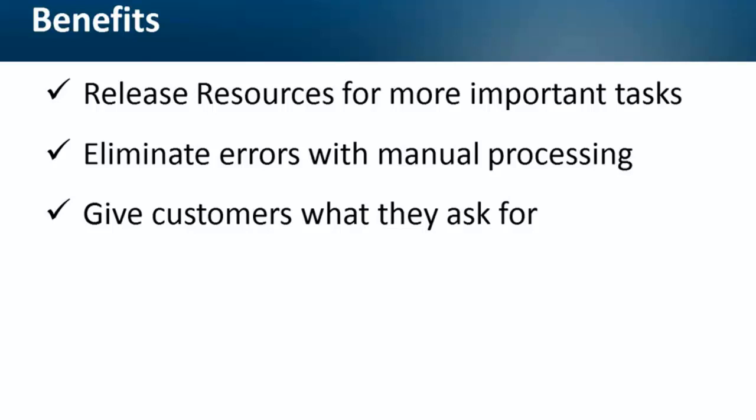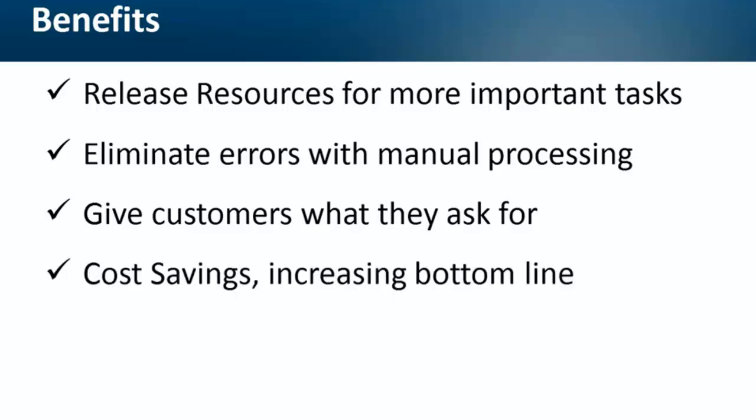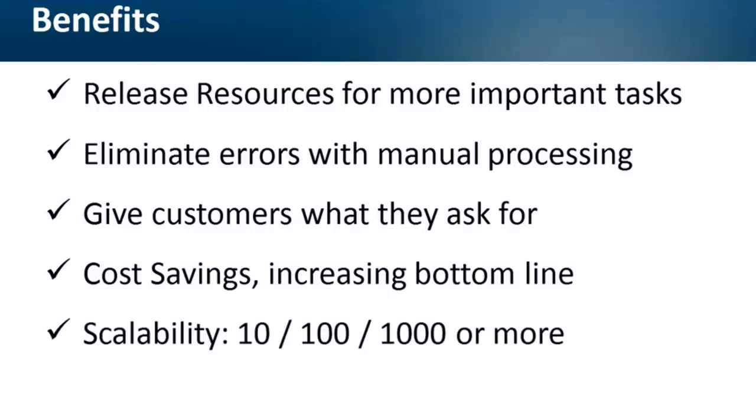There are also direct and indirect cost savings associated with the points listed above, such as savings on labor, postal, etc. And of course, the next point is scalability. For an automated process, it doesn't really matter how many invoices to generate, whether it's 10, 100, or 1,000.